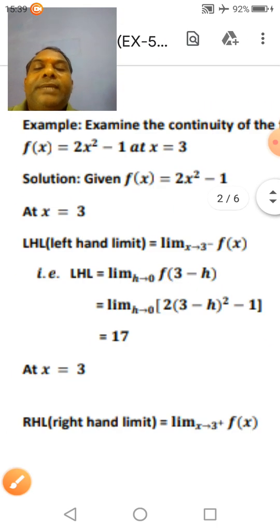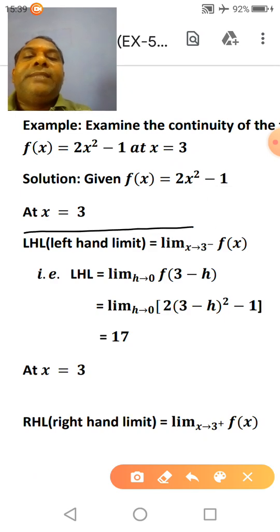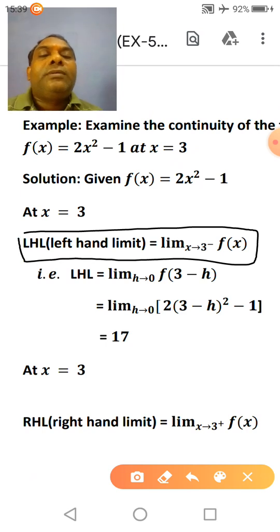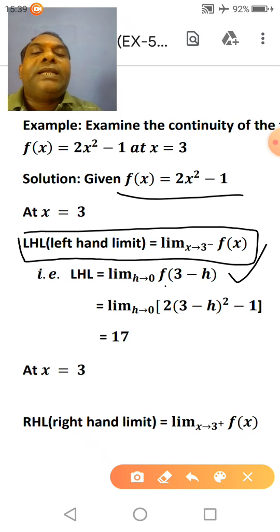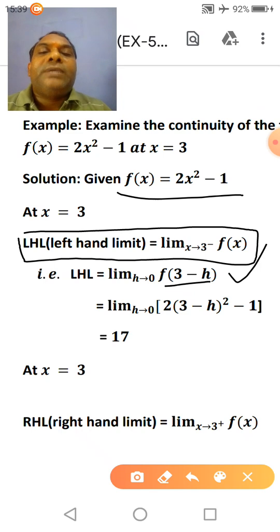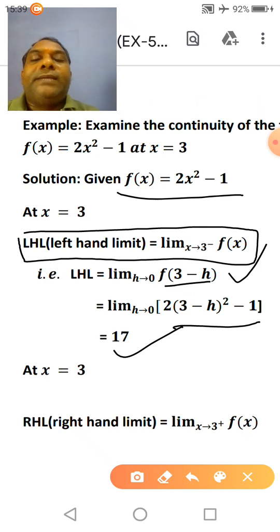LHL means left hand limit, limit x tends to 3 negative f(x) is equal to limit h tends to 0 f(3 minus h). You have to put x is equal to 3 minus h in the given function. Now apply the limit, so LHL is equal to 17.